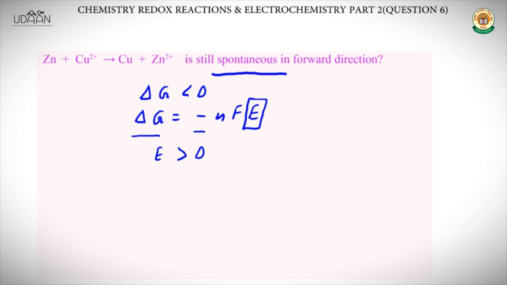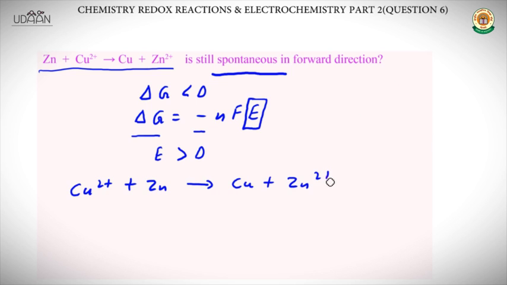Okay, so the given reaction is Cu2 plus Zn giving Cu plus Zn2 plus. The quotient ratio from this equation can be written as Zn2 plus concentration by Cu2 plus concentration.